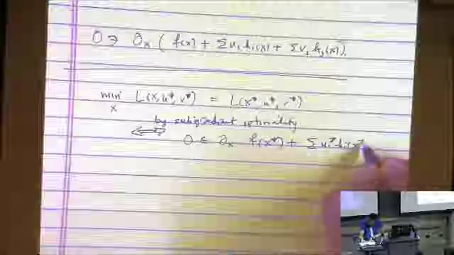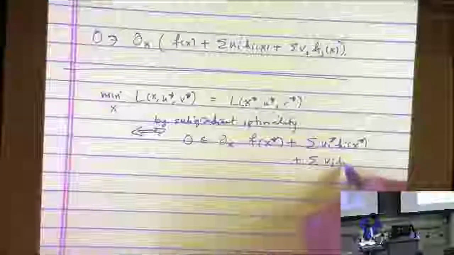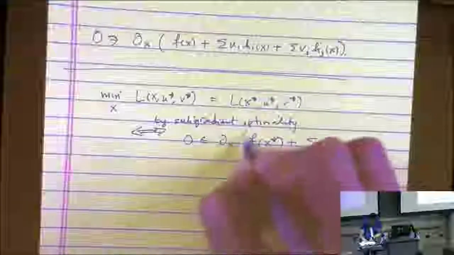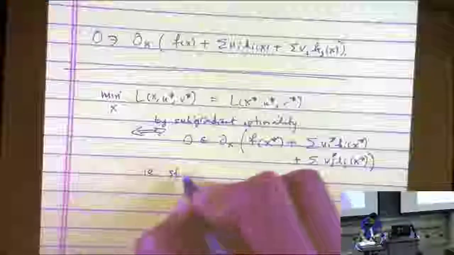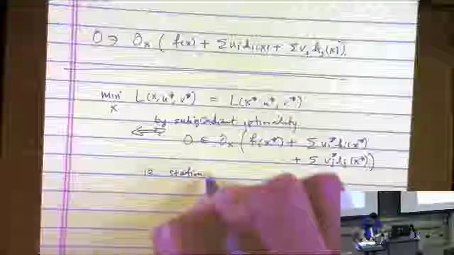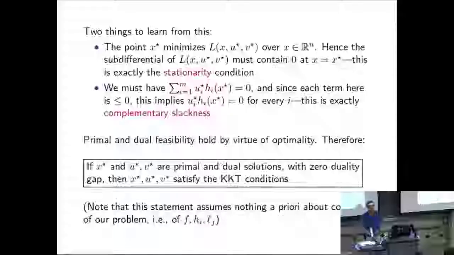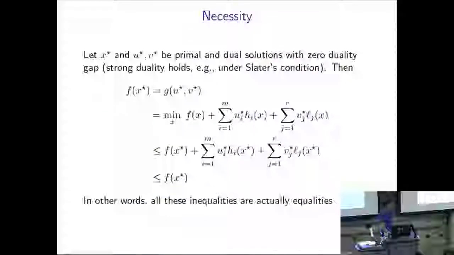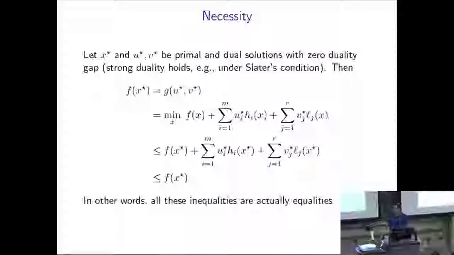And that's exactly stationarity. So we've just shown that the stationarity condition must hold. That was just because this must be an equality, which implies the stationarity condition by subgradient optimality.